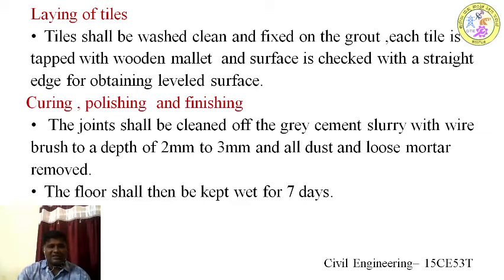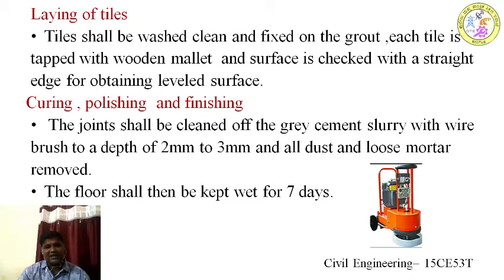In between these polishings, immediately after polishing, the floor will be cleaned completely with water, and the white cement will again be applied to the joints. Again after the second polishing layer, the floor will be cleaned and white cement introduced to the joints. Again after the third, the white cement will be introduced, and after that, one day later, this is the polishing that will be used for increasing the smoothness of the tile.